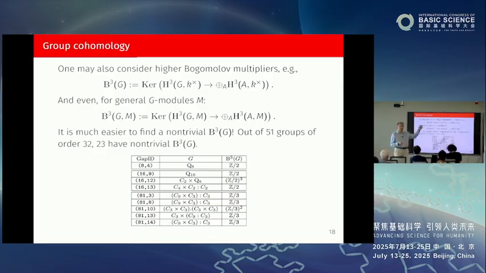For example, B3(G,M) is the kernel of H3(G,M) to the cohomology of abelian subgroups. Now, it turns out that it's much easier to give examples of groups where B3 is non-zero. Out of 51 groups of order 32, about half of them have non-trivial B3 of G. I gave you some of them, and the first one you see is the quaternion group Q8.